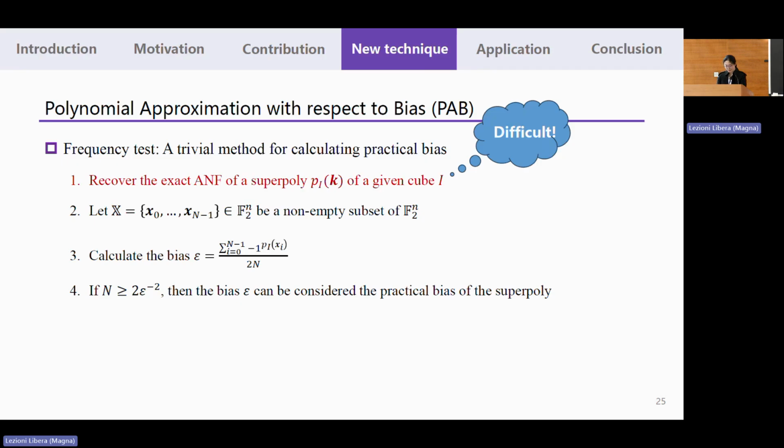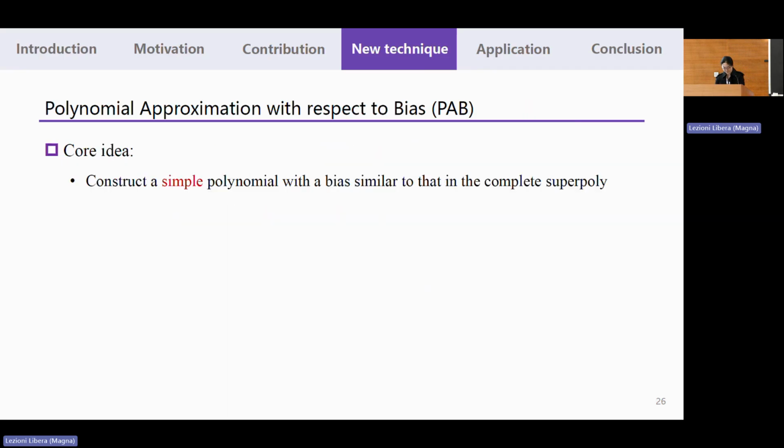However, as the number of rounds increases, it becomes extremely difficult to recover the entire superpoly. Therefore, we proposed the PAB technique, a heuristic method to estimate the Bayes in the superpolies of high-dimensional cubes. The core idea of the PAB technique is to construct a simple polynomial with a Bayes similar to the target superpoly.